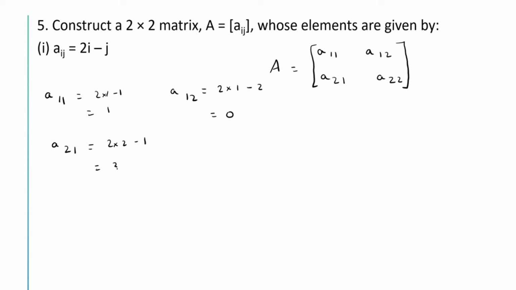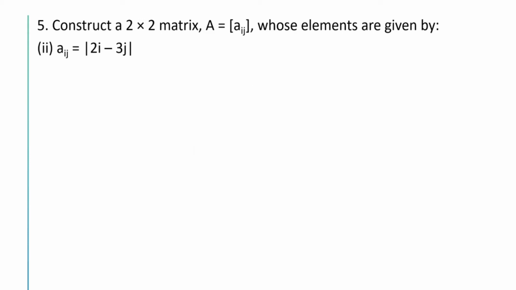So this is equal to 3. And the element in the second row second column will be i is 2, j is 2. So 2 into 2 minus 2, it is equal to 2. So the required matrix is A is equal to 1, 0, 3, 2. So this is the required matrix whose elements are given by Aij is equal to 2i minus j.